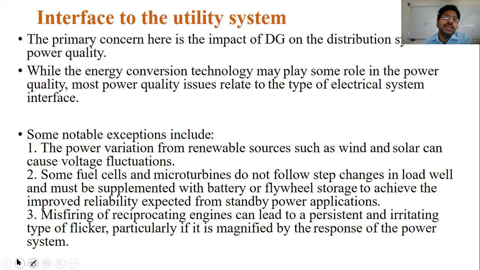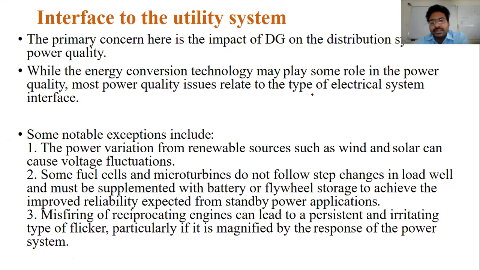Nowadays the main thing is called microgrids. A microgrid is nothing but a small grid, and we add the DGs to that system. There are many very good microgrid technologies nowadays.